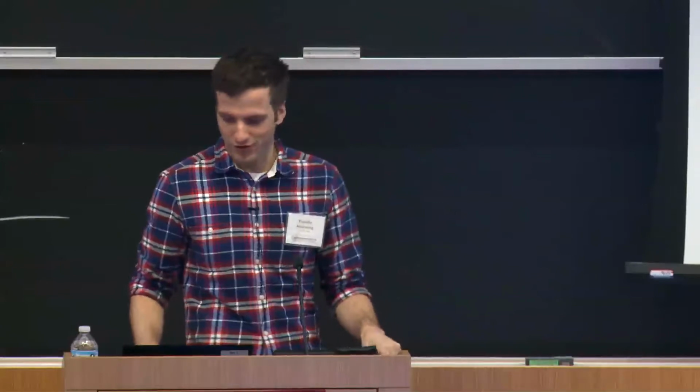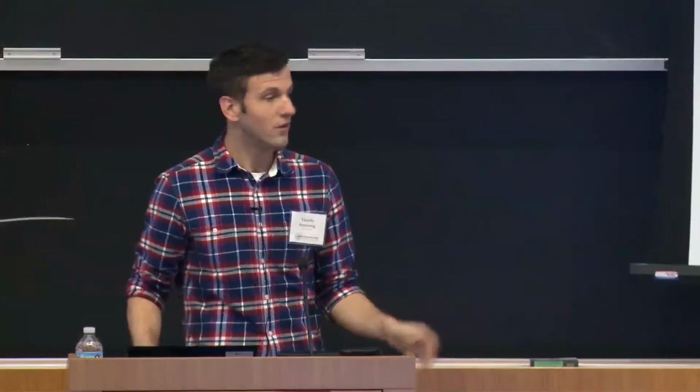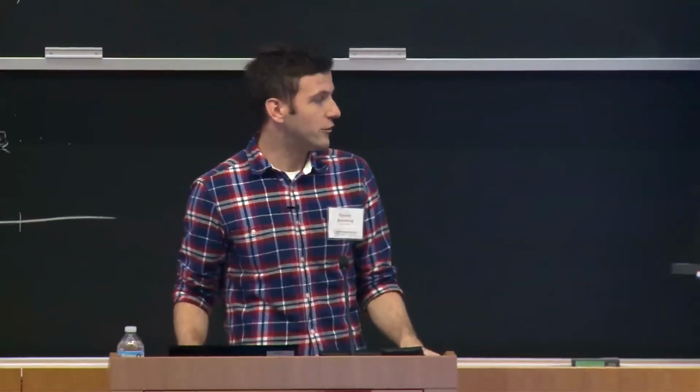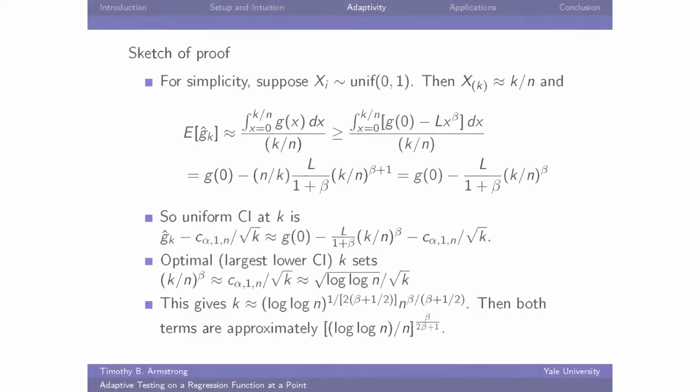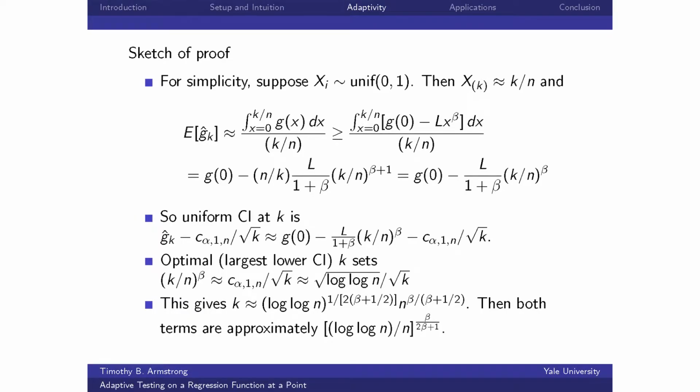So this is the notion of adaptivity or uniformity over beta that we have. The proof of this part is pretty intuitive and easy. It's more difficult to show that it's necessary, which is the next theorem.